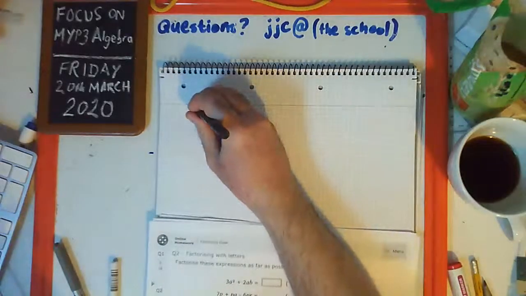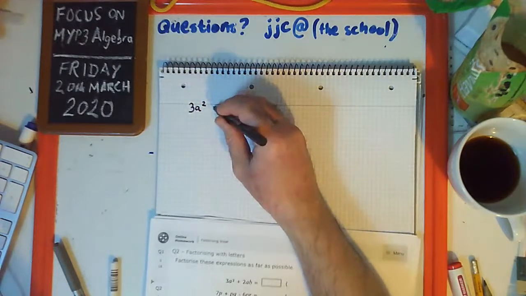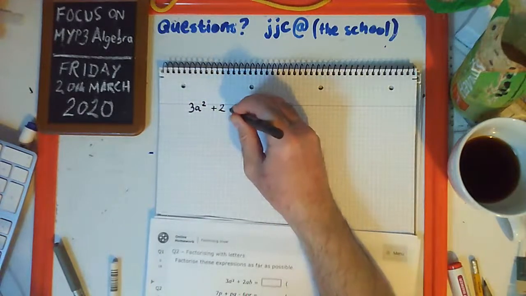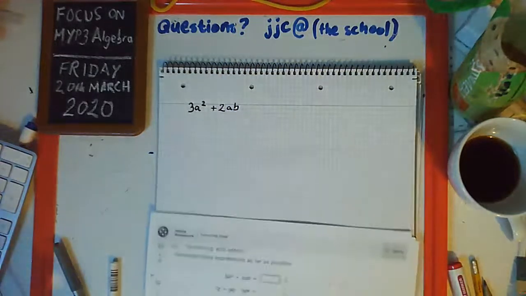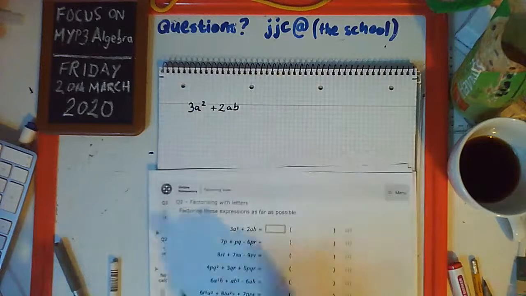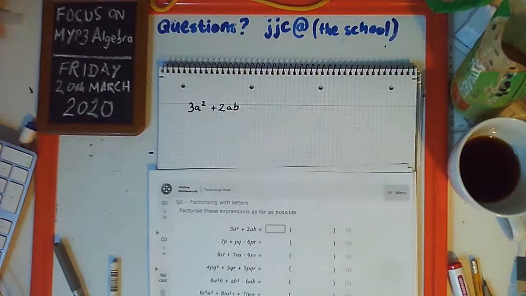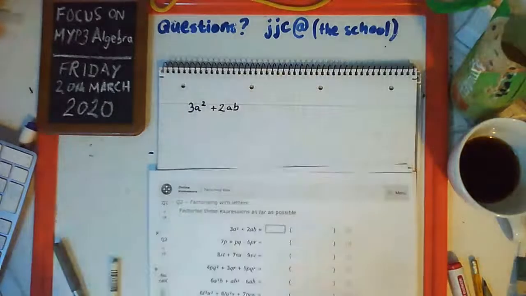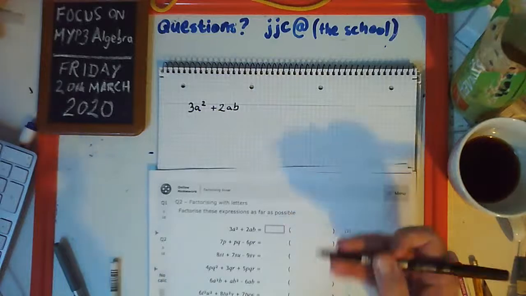So 3a squared plus 2ab. Now, what's different about this block on tab 2 of the factorizing linear thing is that it's not necessarily numbers that come outside the brackets, but it can be letters.